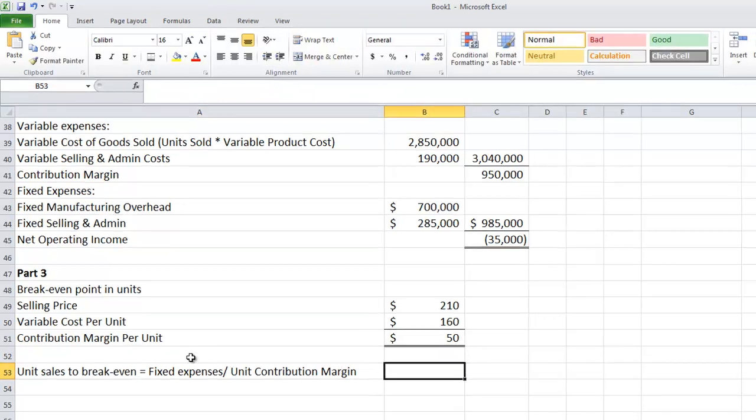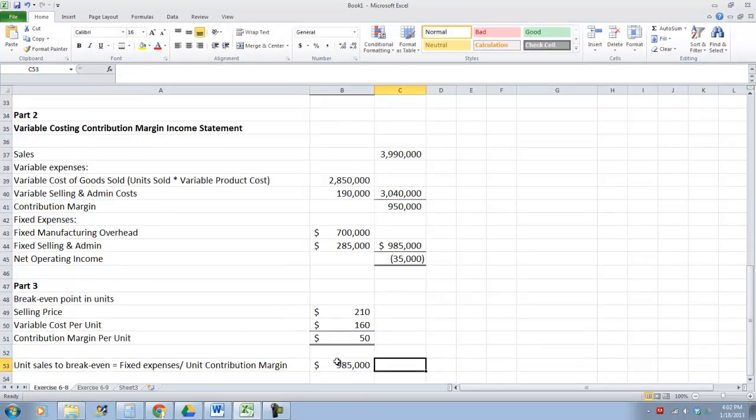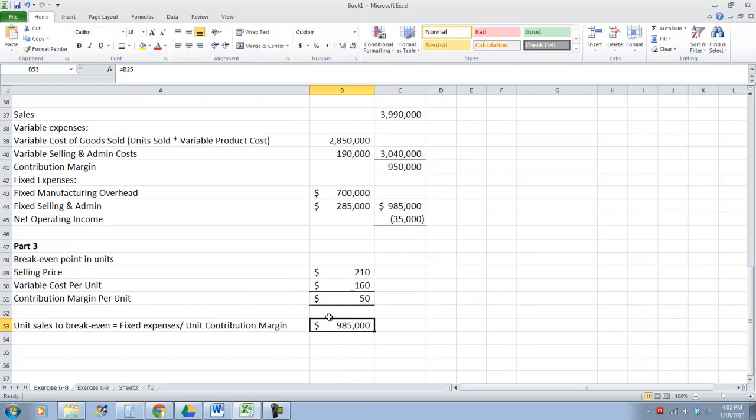So our fixed expenses are totaled up here, $985,000, divided by our contribution margin per unit. These aren't dollars, these are units. So we must sell 19,700 units to break even.